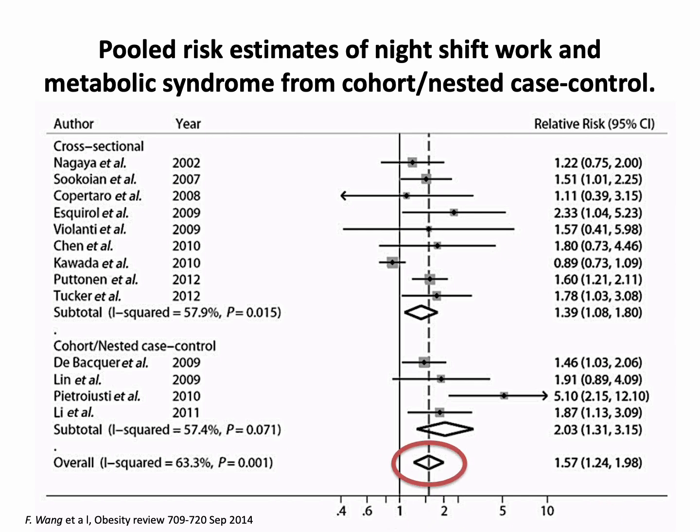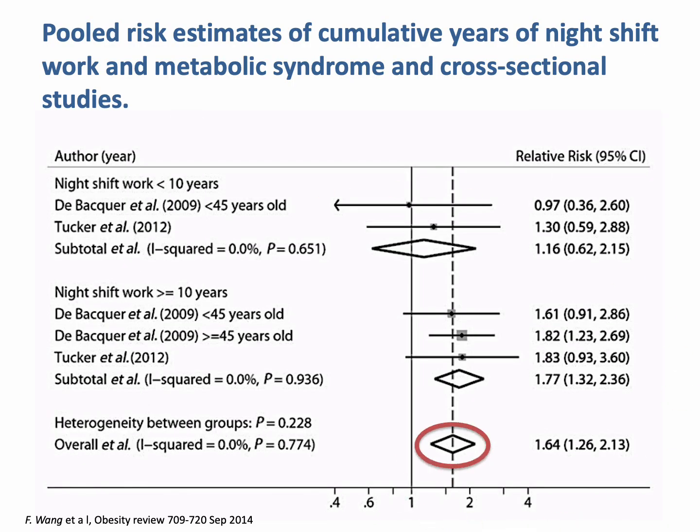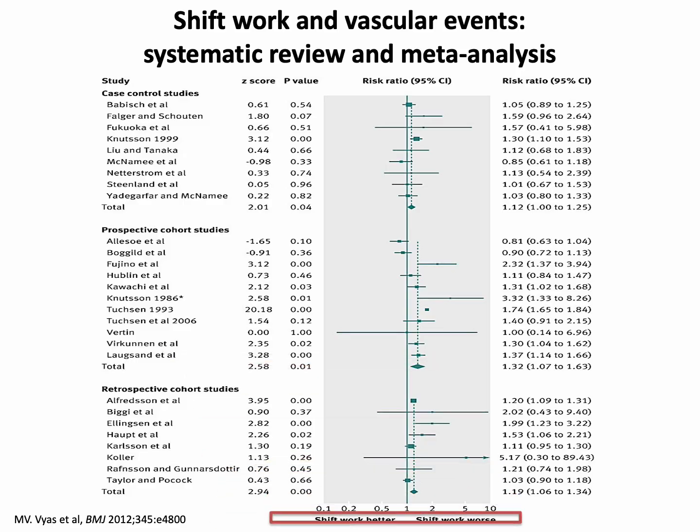The pooled cohort and nested case-control studies showed an overall increase in the relative risk of metabolic syndrome in shift workers of about 43%. The same is true for the cross-sectional studies, a 36% increase in metabolic syndrome. Furthermore, shift work has also been associated with an increase in vascular events, as seen in these observational studies published in the British Medical Journal.